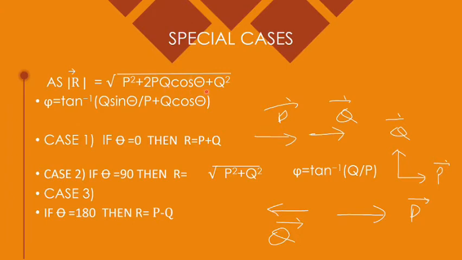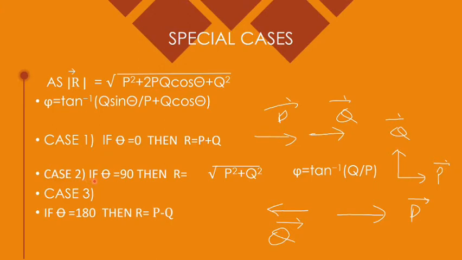So you get the square root of p square plus 2pq plus q square, which you can write as p plus q whole square. The square root and square cancel, and I come to the result R equals p plus q. This is case 1, when theta is 0. Now if you want to find the direction phi, sin 0 is 0, so the direction of the resultant vector will be the same as that of the p and q vectors.